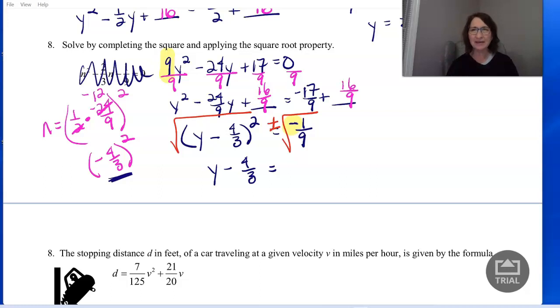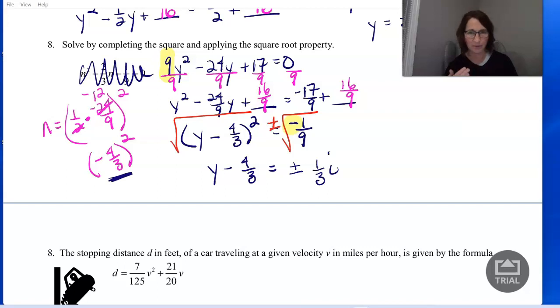Okay, not a big deal. I'm going to pull out an i. So it's going to give me plus or minus 1/3 i, because the square root of 1 is 1, the square root of 9 is 3. All right, so now I'm going to add 4/3 to both sides, putting that 4/3 in front of the plus or minus.